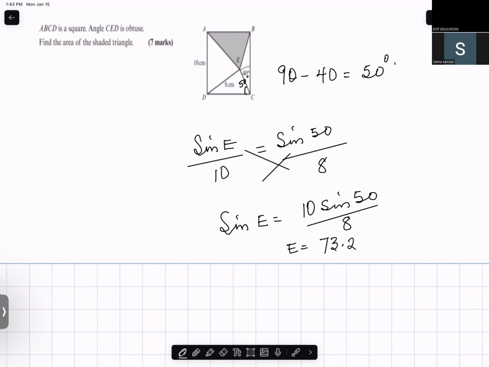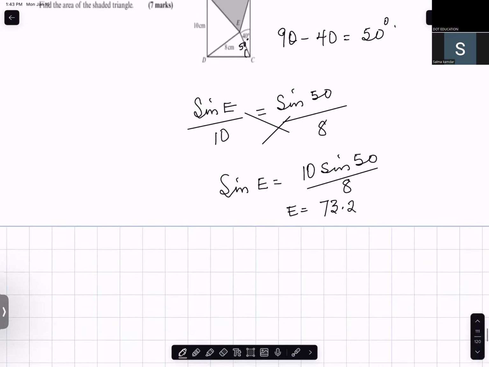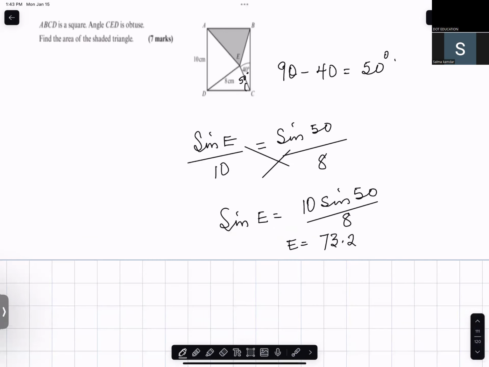Since E is an obtuse angle, and obtuse angles are angles greater than 90 degrees, I'll have to subtract 180 minus 73.2 degrees. So that gives us 106.7 approximately, or 106.8 degrees.